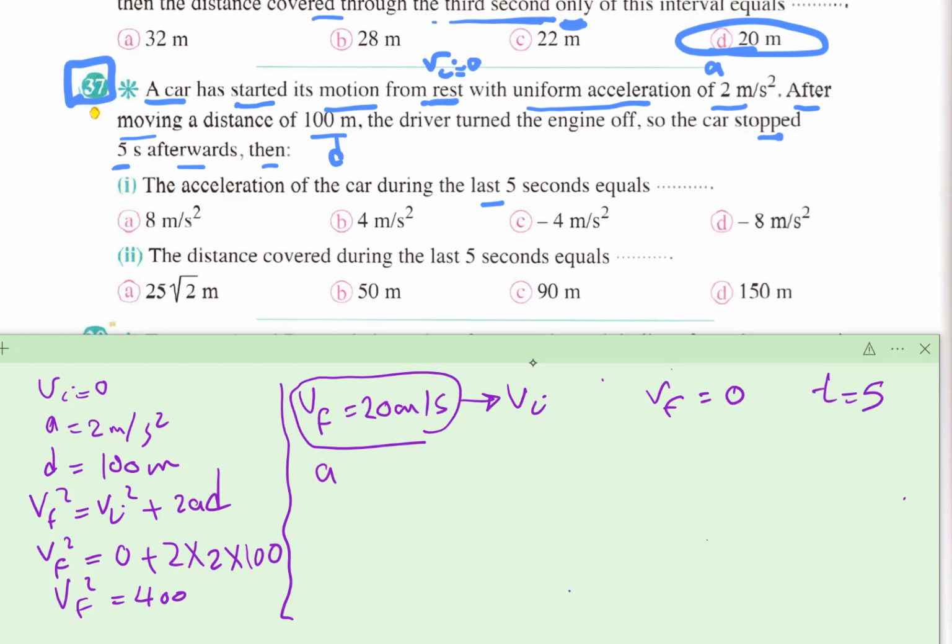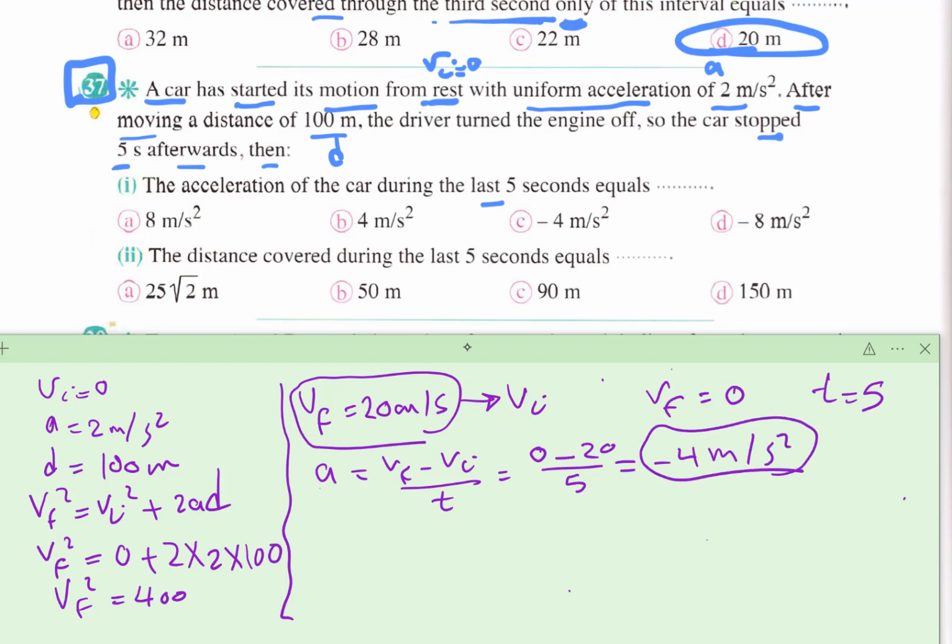So the acceleration now is negative acceleration, right? V final minus V initial over T. V final 0, because he said it stopped after 5 seconds. Minus 20 over 5 means negative 4 meters per second square. So we calculated the acceleration of the car during the last 5 seconds. It is negative 4.